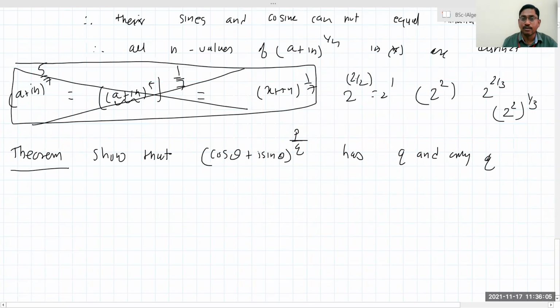p and q will not have a common factor. Clearing denominator and numerator, this p upon q is clearly a fraction. Your q will not divide p or p will not divide q. There is no common factor at all. That means p and q are relatively prime.